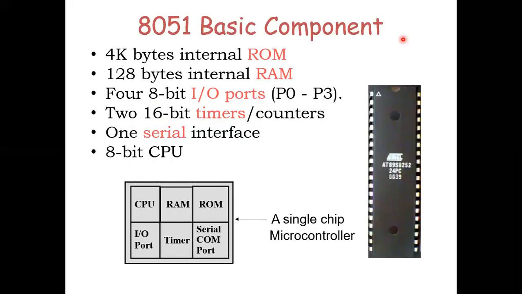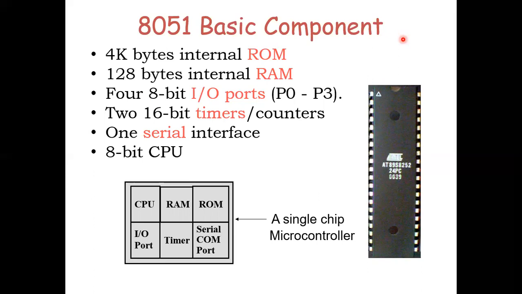The 8051 has basic components: 4K bytes internal ROM, 128 bytes internal RAM, four 8-bit input output ports, that is P0 to P3, two 16-bit timers and counters, one serial interface, and an 8-bit CPU.